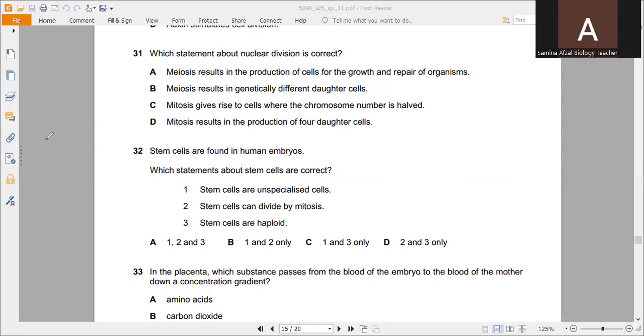Meiosis takes place not in the somatic cells, it takes place in the sex cells. So this option is not correct.